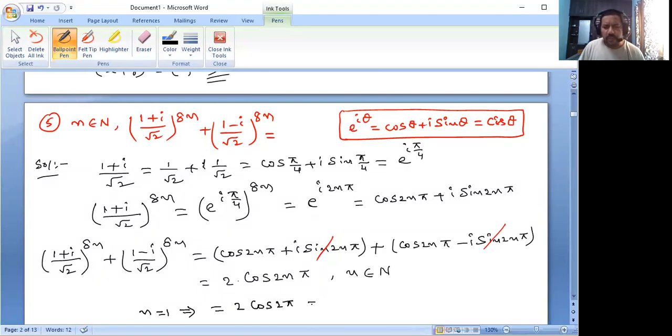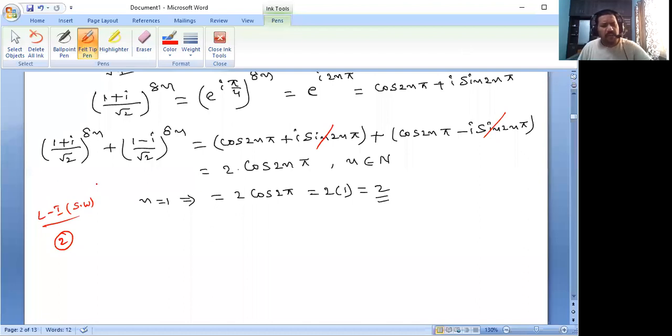Cos 360 how much? 1. That means the answer is 2. Take n is equal to 2 also, 3, 4, 5, 6, whatever may be. You will get cos 2n pi value. If n belongs to N, that answer should be 1. So 2 into 1, 2. Okay. I think all of you understood now.